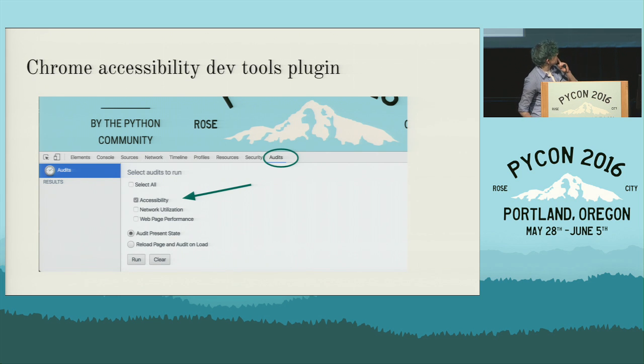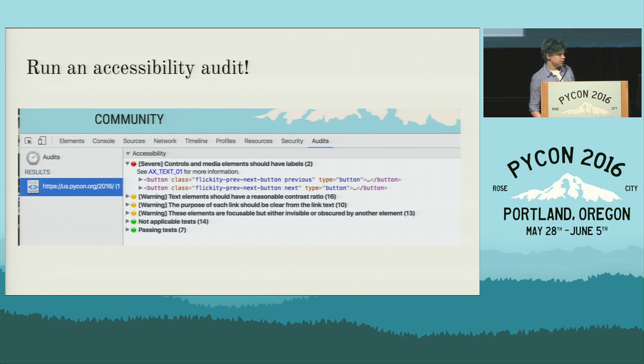So maybe you can guess which website I'm doing an accessibility audit on here. But this tool gives you, in the Audits tab in your Chrome DevTools, an accessibility audit option. When you run it, you can see that a few rules have been applied to the web page, and it'll tell you the severity of any violations of the WCAG 2.0 standards.